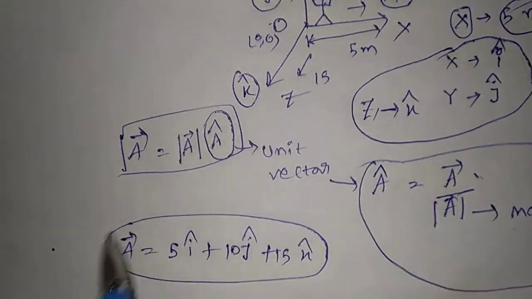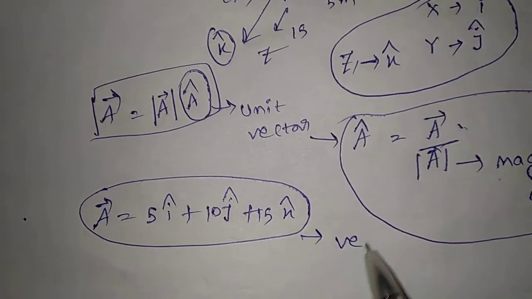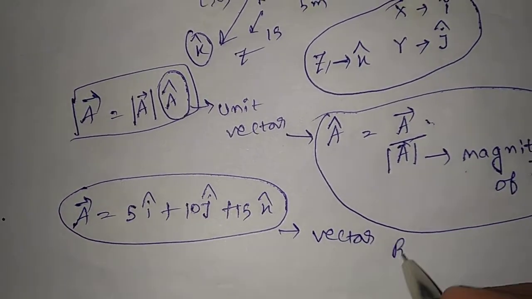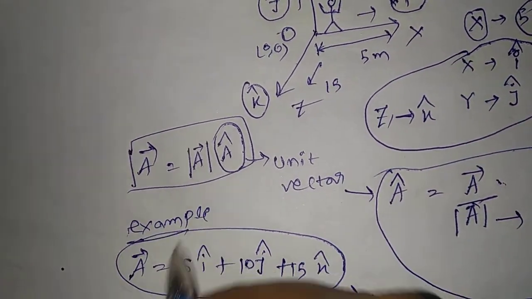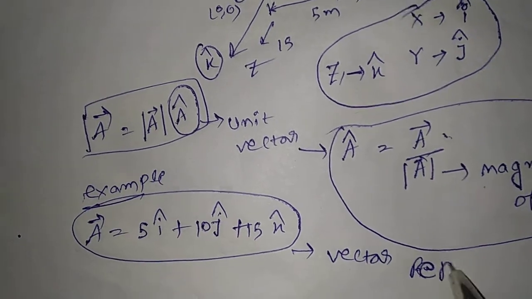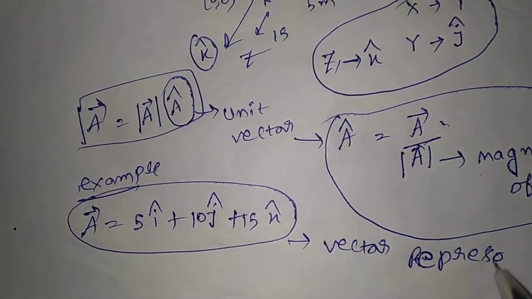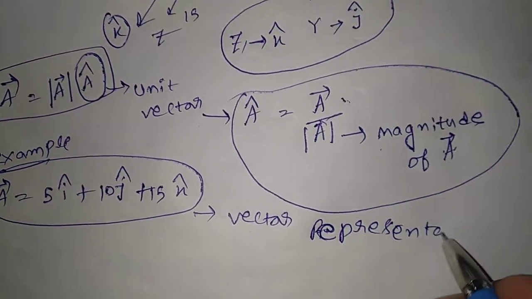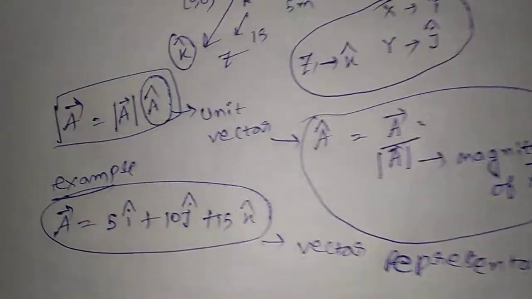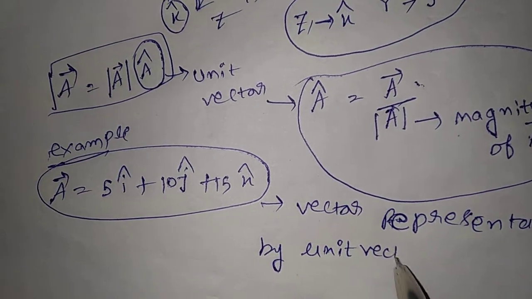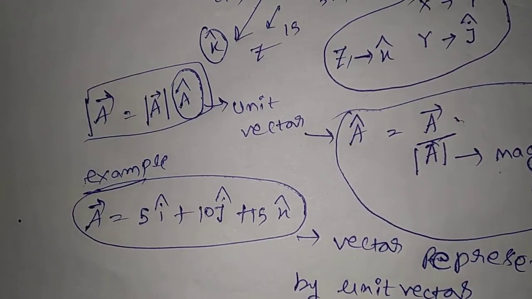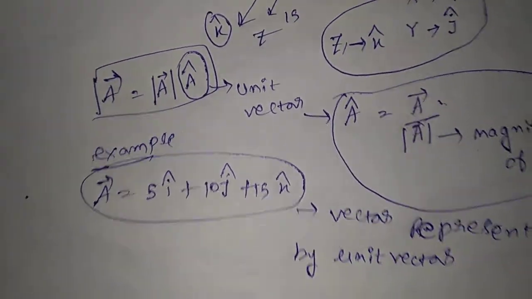This is the complete representation of a vector. It is an example of vector representation by unit vector.